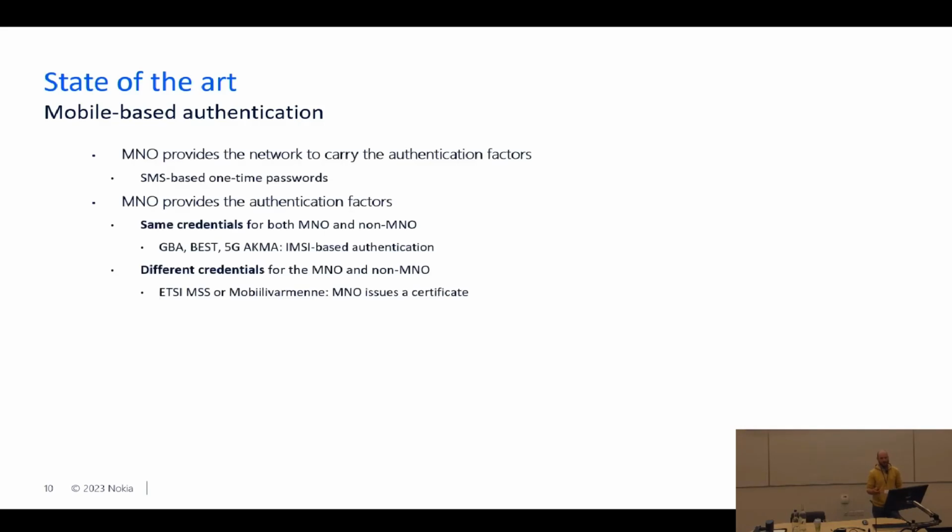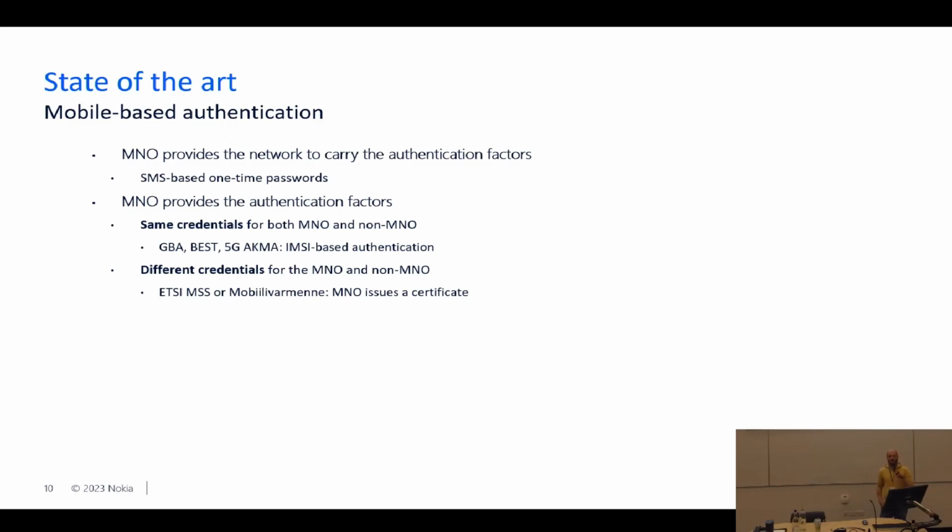So concerning the state of the art for mobile-based authentication, we divide these solutions into two bigger families. The first one, in which the MNO provides the network to carry out the authentication factors, such as SMS-based authentication, and the second family, where the MNO provides the authentication factors themselves.